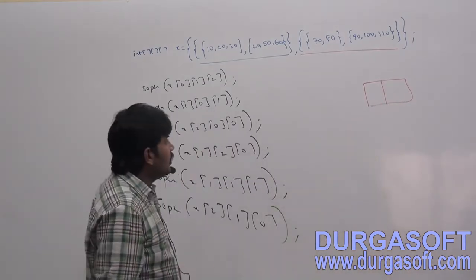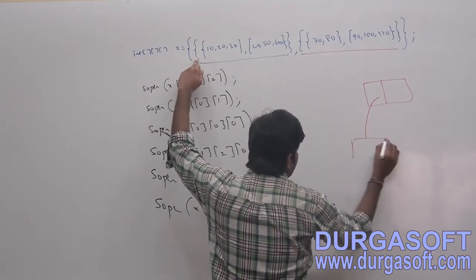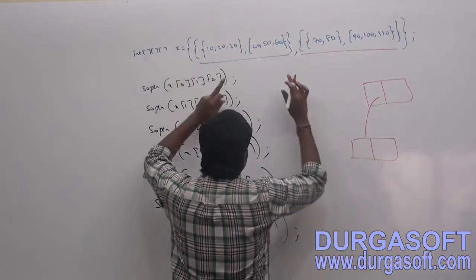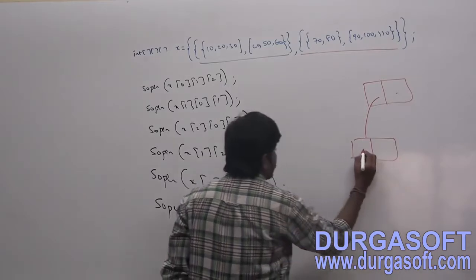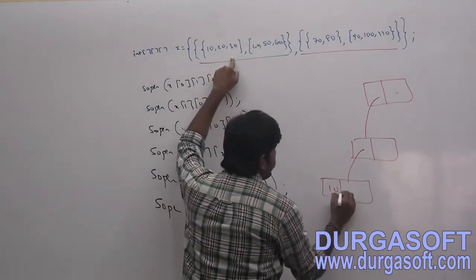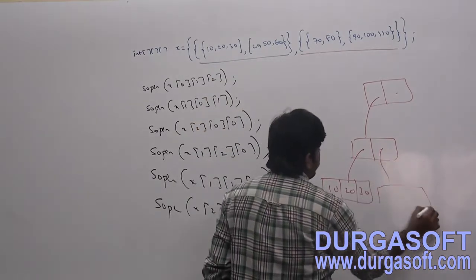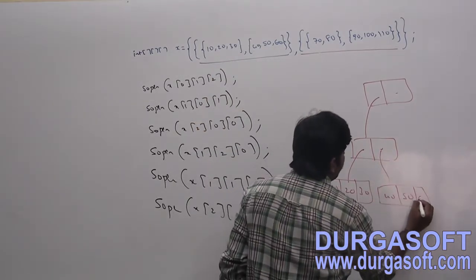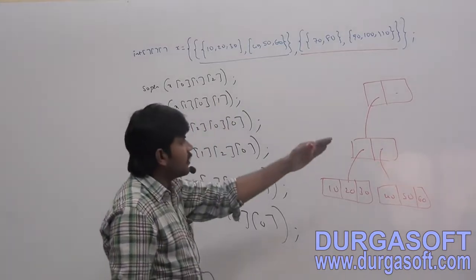The first is a 2-dimensional array, once again with size 2. In the first one, a 1-dimensional array with 10, 20, 30. This one also is a 1-dimensional array with 40, 50, 60. Same for the next one.